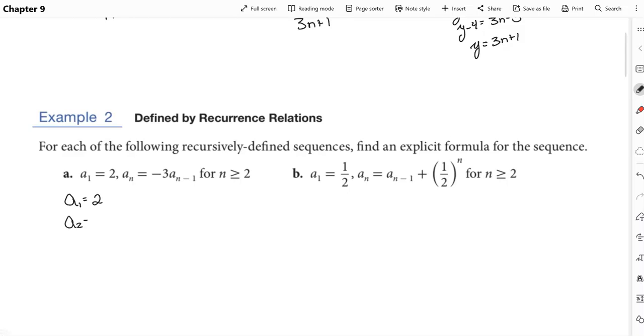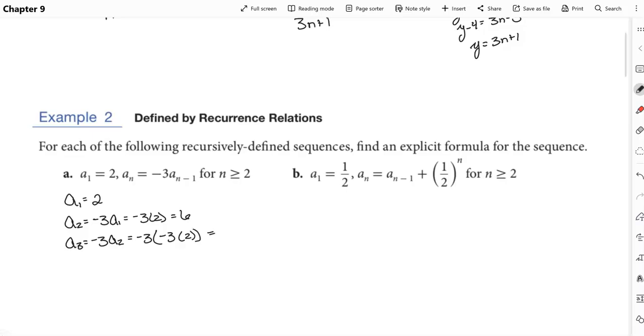So A sub 2 would be negative 3 times A sub 1, which would be negative 3 times 2, which is negative 6. A sub 3 would be negative 3 times A sub 2, which is negative 3 times negative 3 times 2.